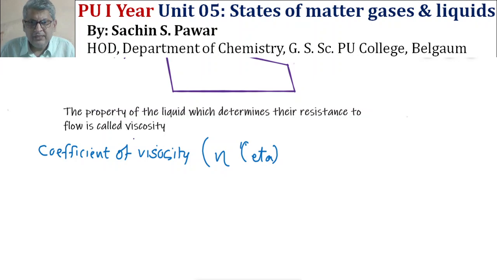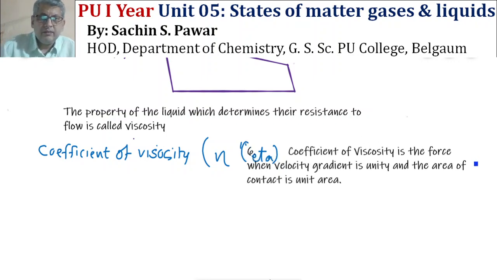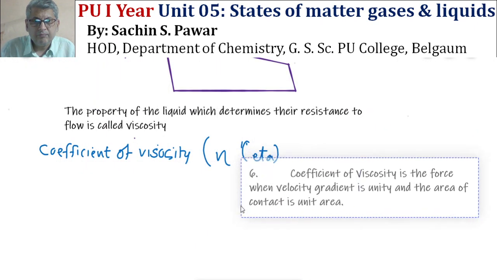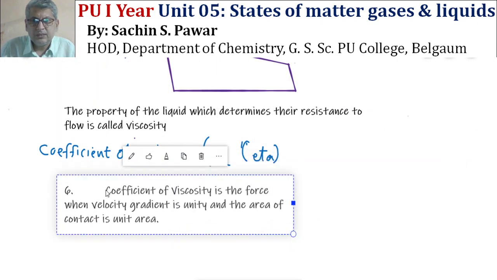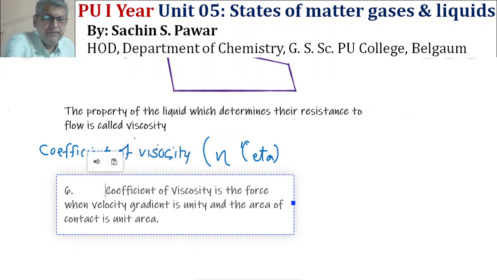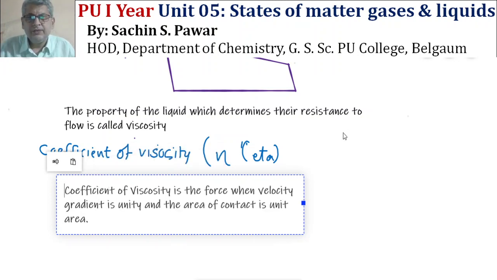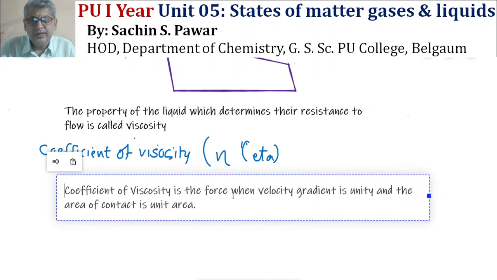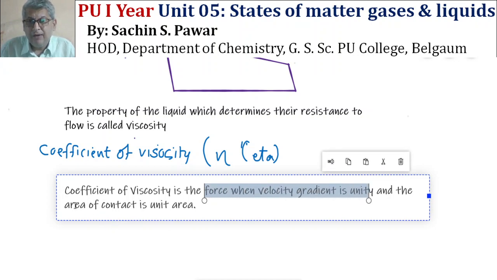The definition, I will just drag it onto the screen. Coefficient of viscosity. The definition goes like this: viscosity is the force when the velocity gradient is unity and the area of contact is unity.